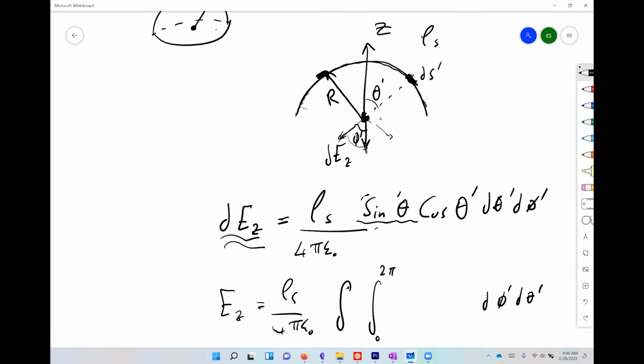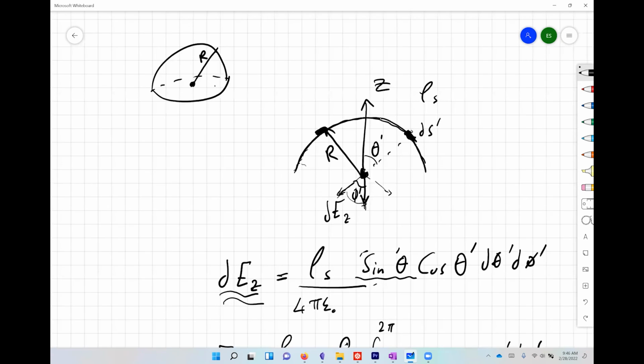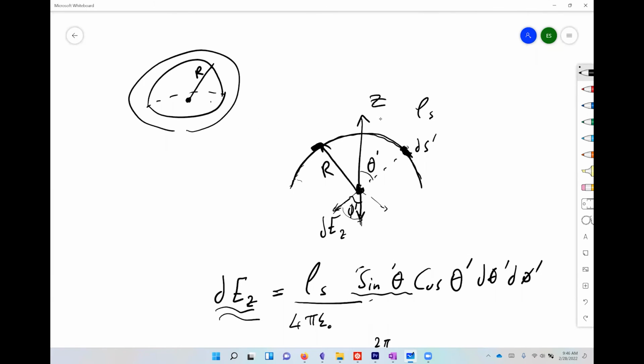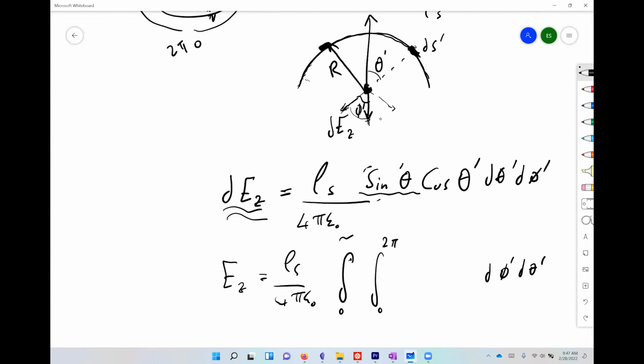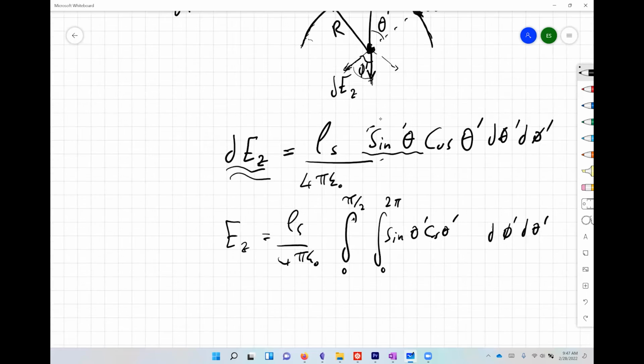Phi goes from 0 to 2 pi to get you the whole sphere. And then theta goes from 0 to pi over 2. Right? Theta goes from 0 to pi over 2. Sine theta prime, cosine theta prime. And that's it. This is the integration that we have to find.